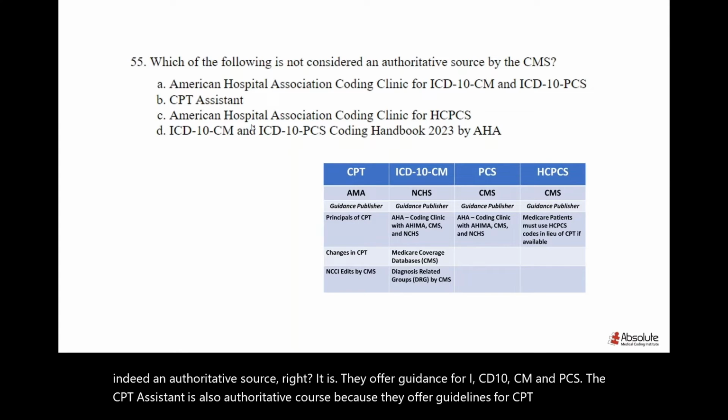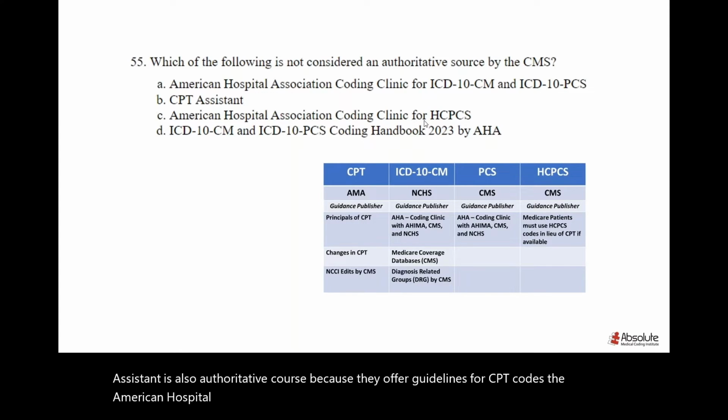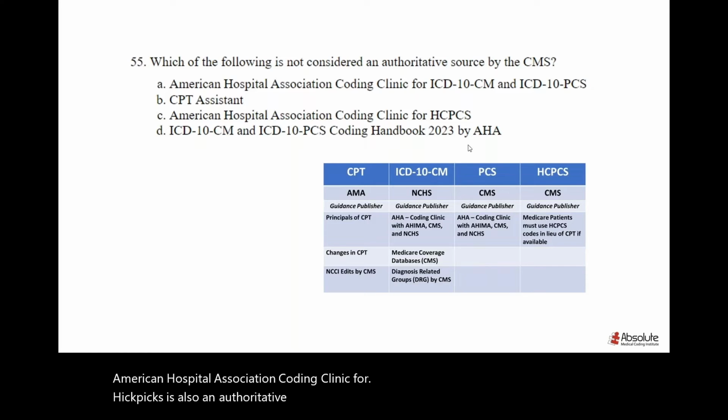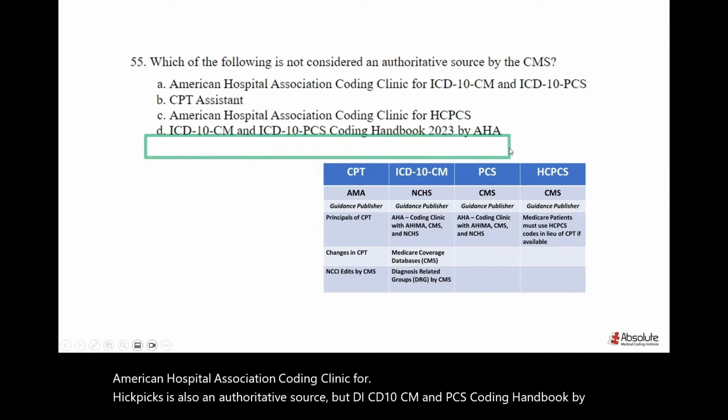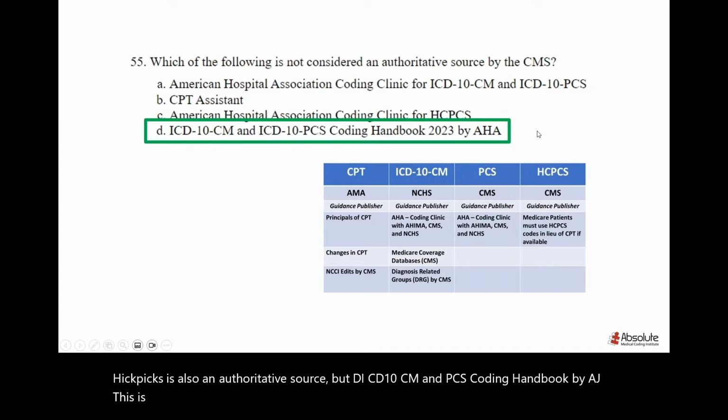The American Hospital Association Coding Clinic for HCPCS is also an authoritative source. But D, the ICD-10-CM and PCS Coding Handbook by AHA, this is instruction on how to code, but they're not guidelines. The other three are guideline driven.